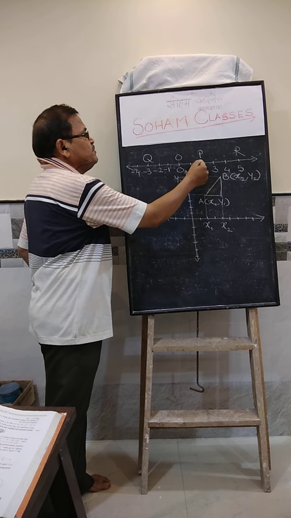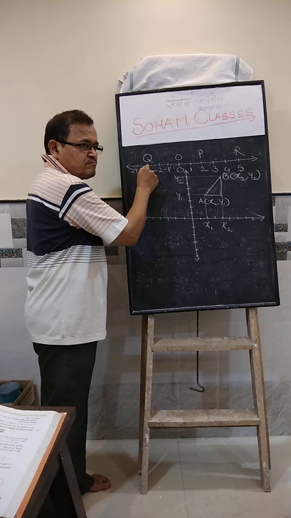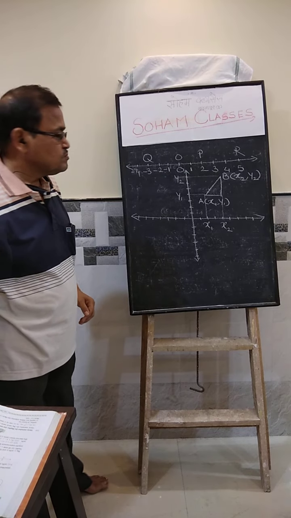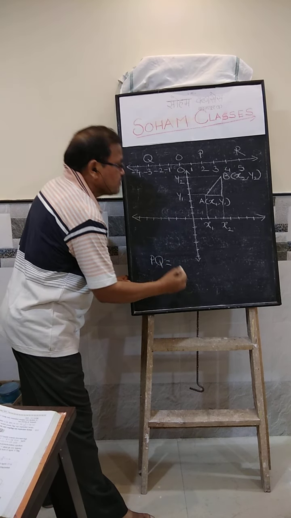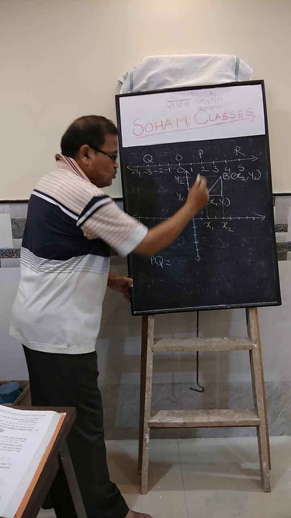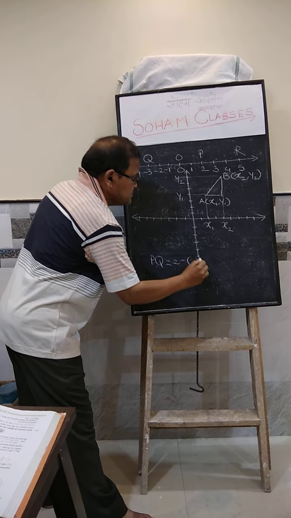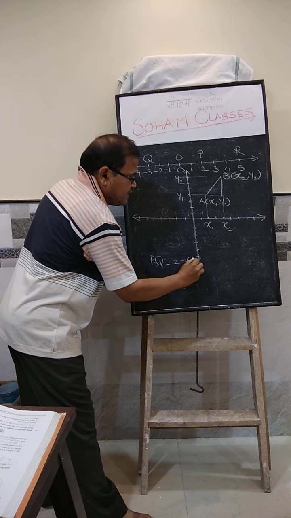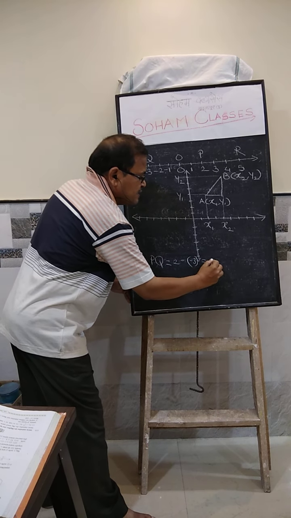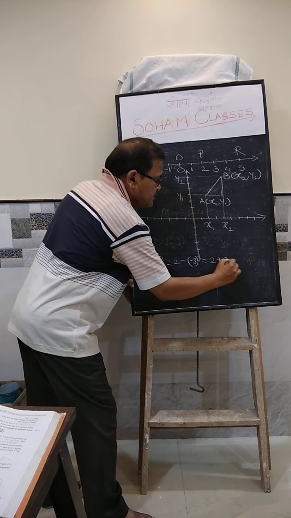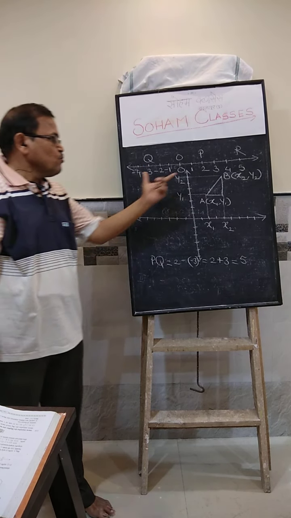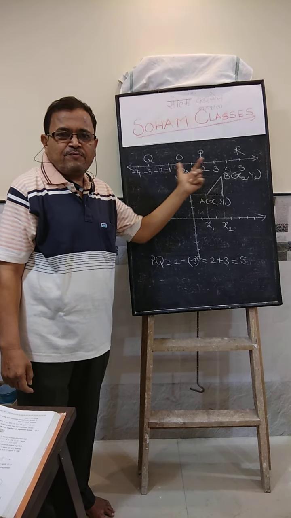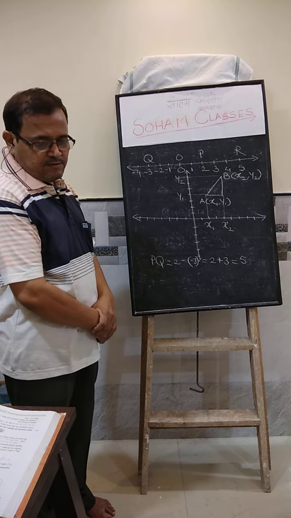Suppose the distance between P and Q. Then distance PQ is 2 minus (minus 3), that is 2 plus 3. This is 5 units.